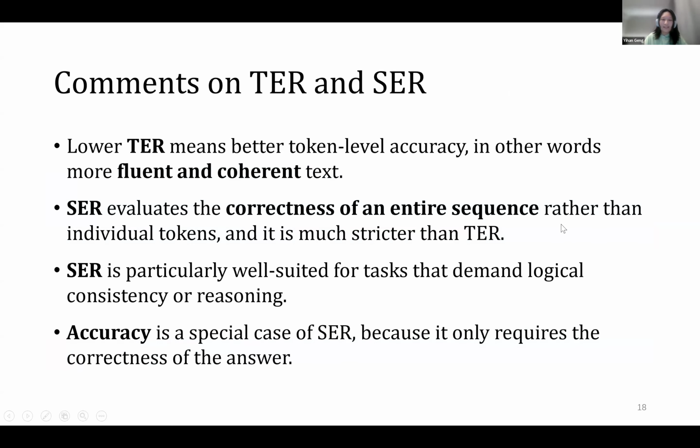To summarize, lower TER means better token level accuracy and higher fluency. In contrast, SER evaluates the correctness on a sequence level rather than individual tokens, making it stricter than TER. The accuracy used for many reasoning tasks that I mentioned earlier is actually a special case of SER, because in these tasks, correctness is typically judged based on the final answers.